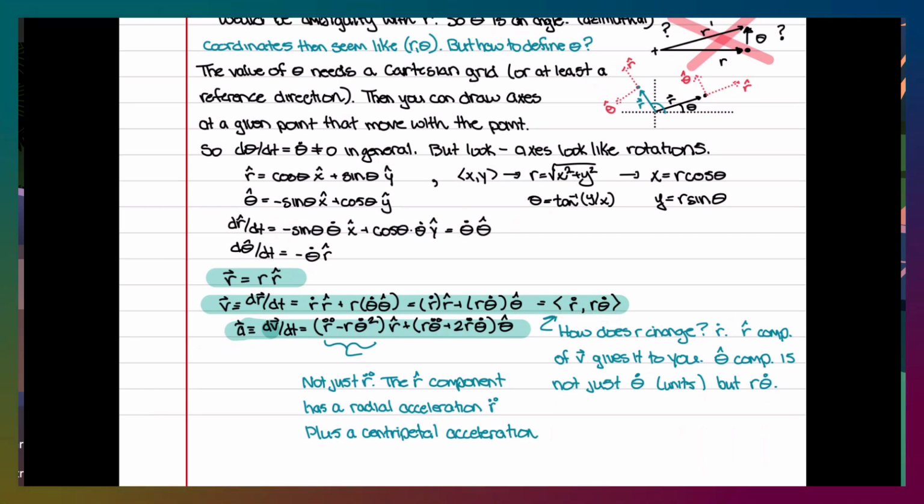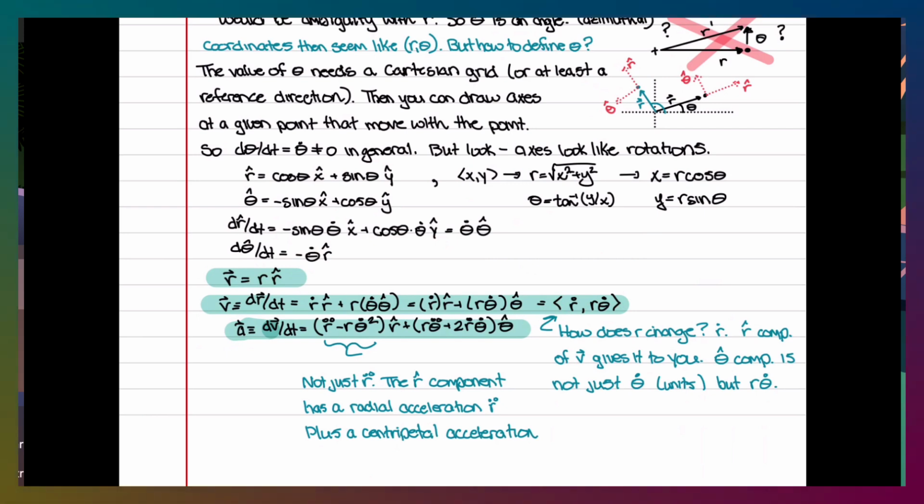And again, we can ask the question, how does r change? How does my distance from the origin change? That, by definition, is r dot. So in this case, how does r change? I look at the radial component of velocity, and that tells me r dot. Now, what about the rate that I'm kind of spinning? How my axes are going from here to here quickly or slowly?